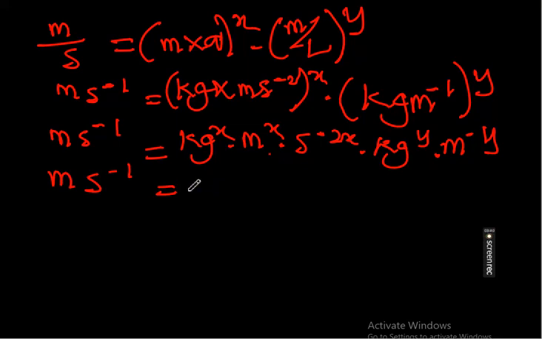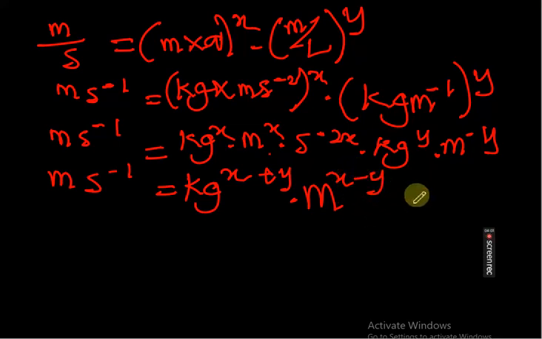From the law of indices, multiplication between them means you add the indices. So you pick kilogram, kg, then add x plus y, dot, then meters, x minus y, then dot, seconds alone, raised to power minus 2x.